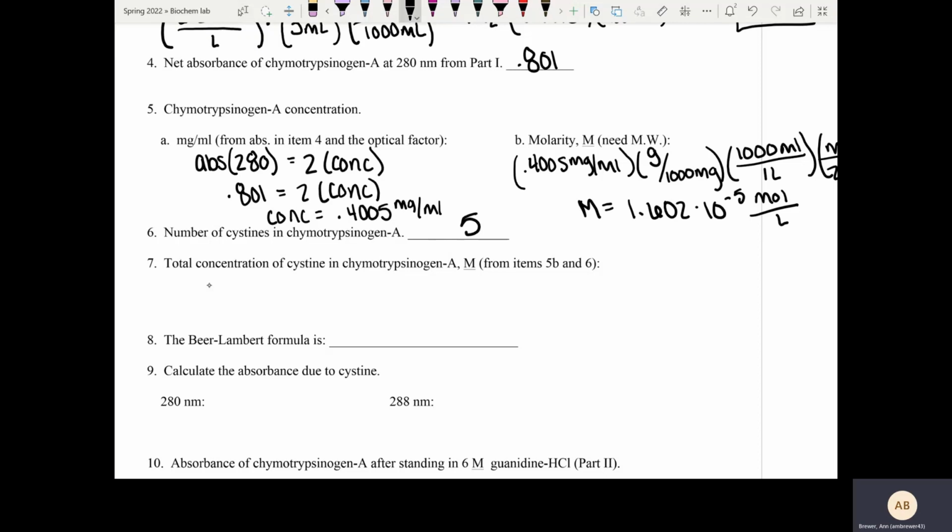So we use our 1.602 times 10 to the negative fifth moles per liter from question 5, part B. And we multiply it by the number of cysteines. So there's 5. So we multiply by 5, and that gives us 8.01 times 10 to the negative fifth moles per liter.